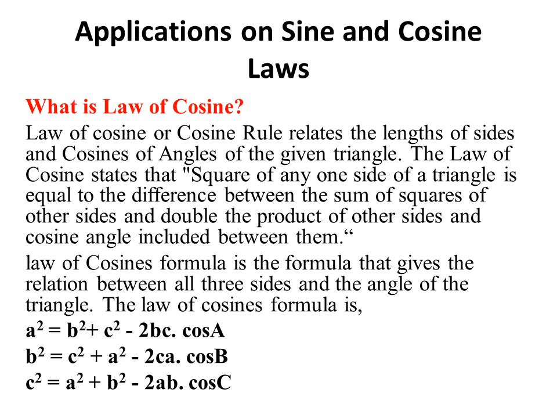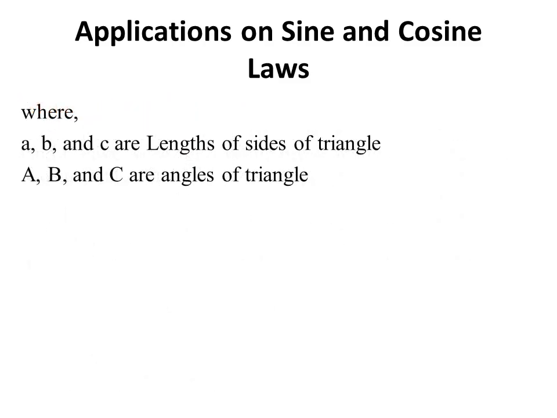It is: a square is equal to b square plus c square minus 2bc cos A, and b square is equal to c square plus a square minus 2ca cos B, and c square is equal to a square plus b square minus 2ab cos C, where a, b, c are the lengths of the sides of the triangle and A, B, C are the angles of the triangle.